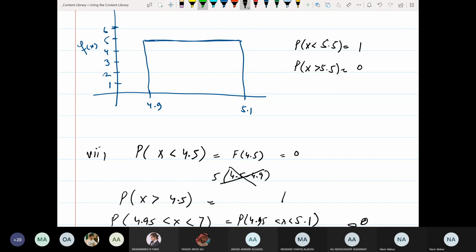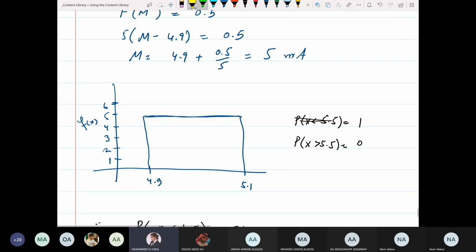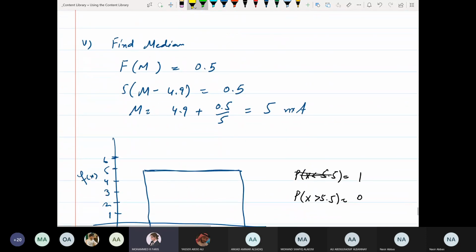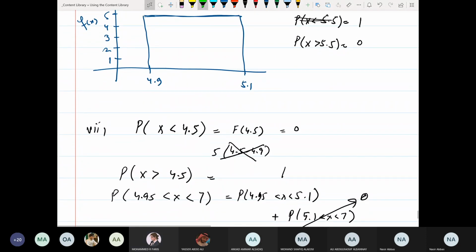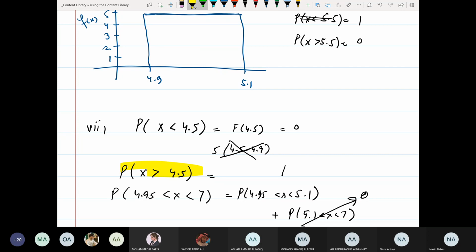Here we have x greater than 4.5, which is also outside the domain. If you put this value directly in the CDF, you'll get strange answers. So if a value is outside the domain, don't use the CDF. Use your brain. Yes, I understand.